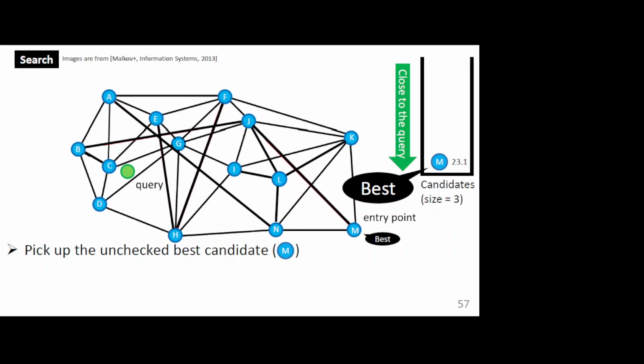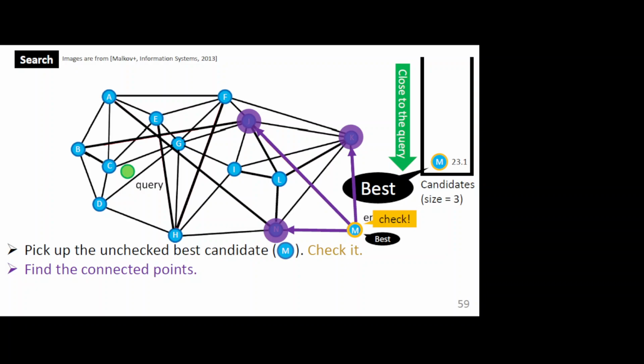Because your first entry is here, it's currently our best solution. And we pick this one to check its neighbors. We find N's neighbors, so we find 3 neighbors, J, N, and K.